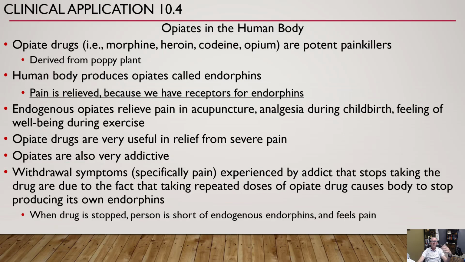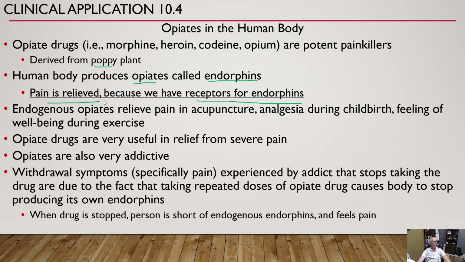Opiates. Opiate medications or drugs, morphine, heroin, codeine, opium, are very potent painkillers derived from the poppy plant. Humans actually produce opiates called endorphins. We can relieve our own pain because we have receptors for endorphins, or we can take opiates because we have those endorphin receptors.